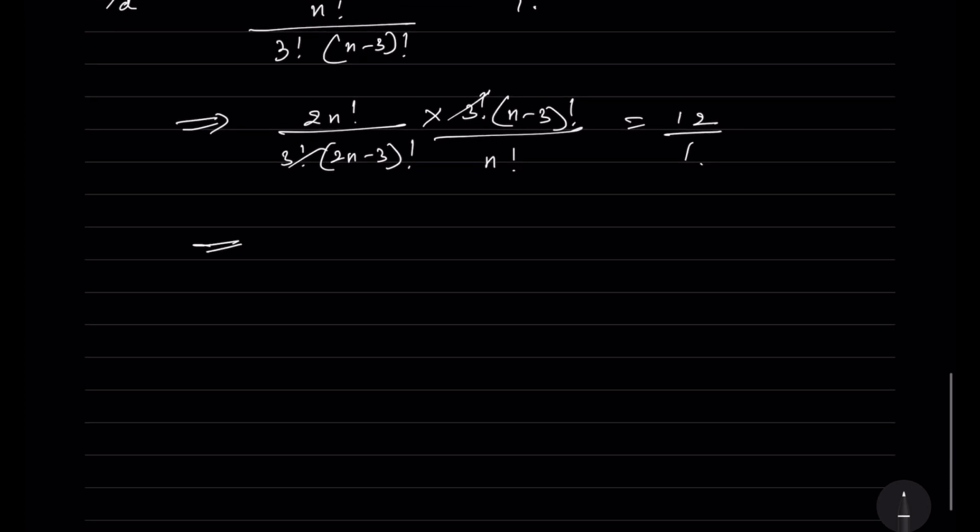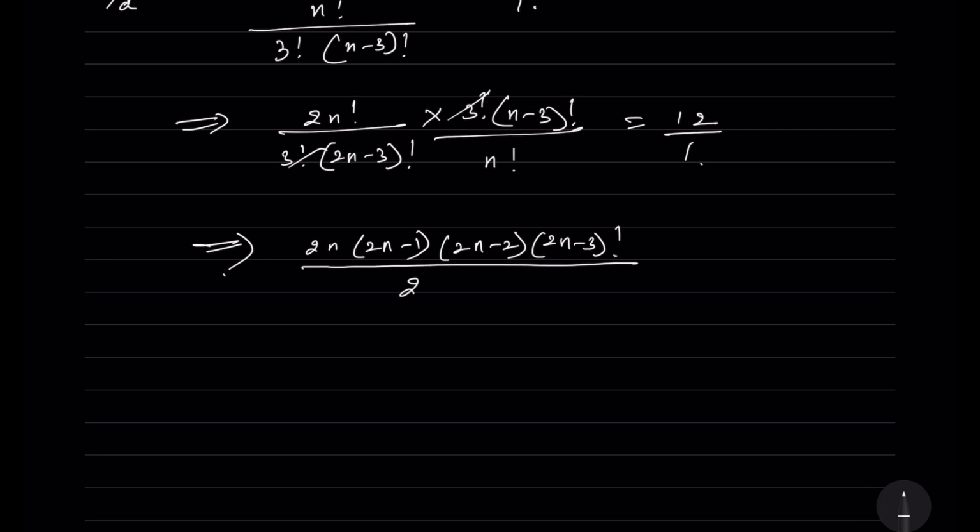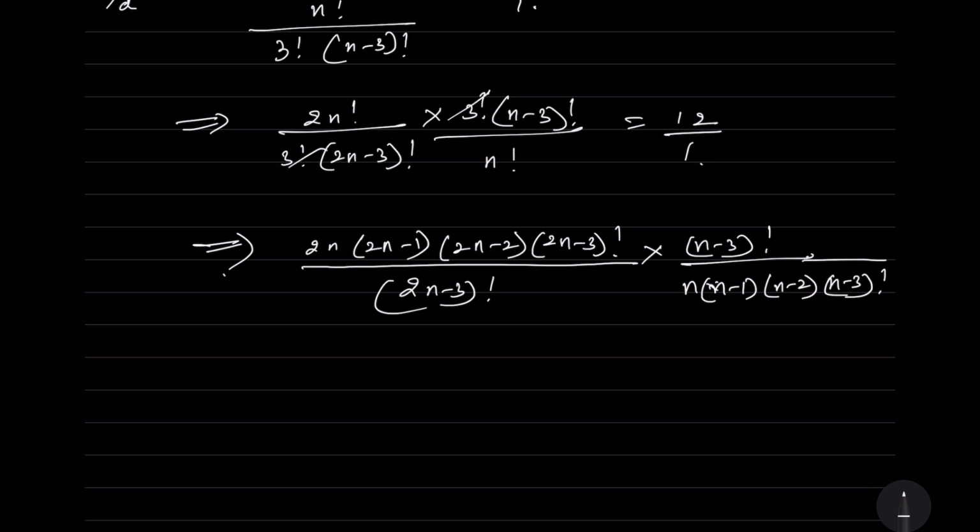Now you can write 2n factorial as 2n into 2n minus 1 into 2n minus 2 into 2n minus 3 factorial, and in the denominator we have 2n minus 3 factorial, into n minus 3 factorial divided by, here you can write n factorial as n into n minus 1 into n minus 2 into n minus 3 factorial.